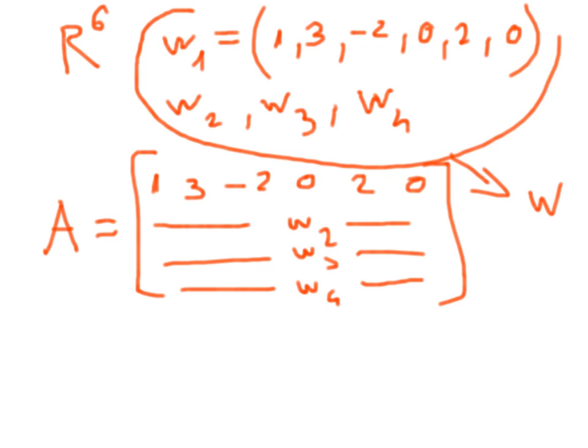Now we want to just find a space that is orthogonal to W. And to do this, we create a matrix A using the 4 vectors that span W. And then we just find the null space of the matrix A. Doing this, we find a space that is orthogonal to the row space of the matrix A. And those vectors are the basis for the new space. So let's try to do that.